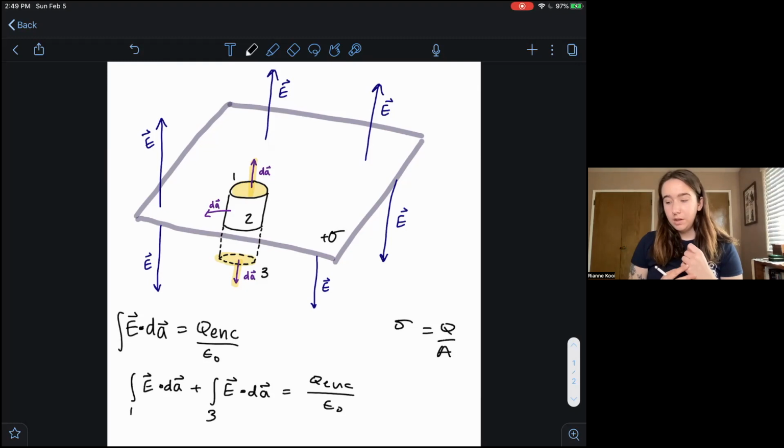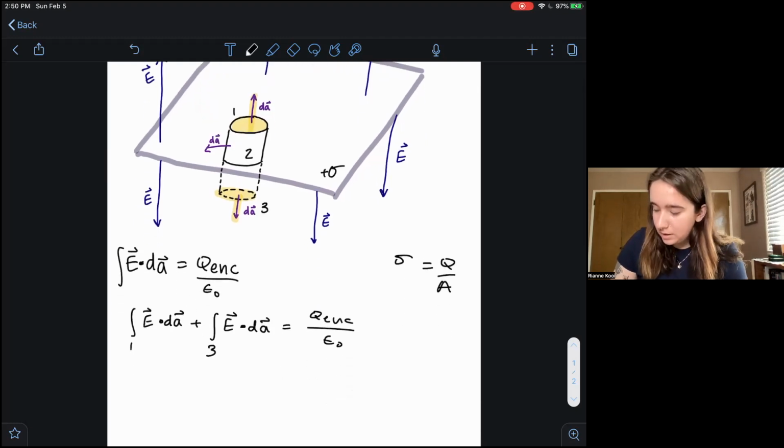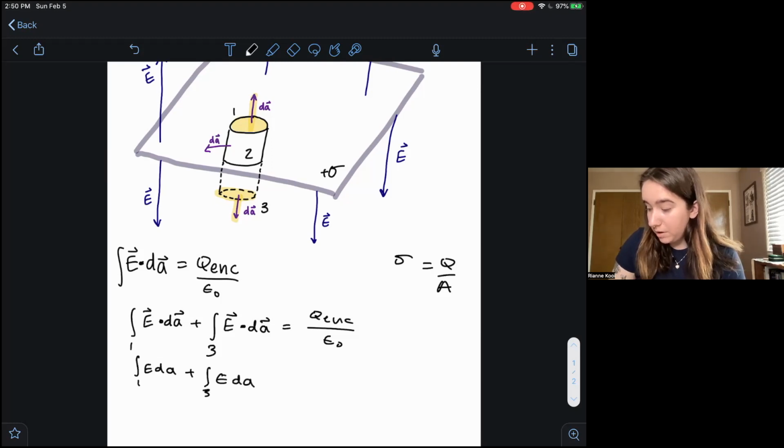So in region 1, we know that E and dA are in the same direction, and also in region 3, E and dA are in the same direction. So automatically that simplifies our dot products. So I'm going to just say that E·dA for region 1 plus E·dA for region 3.